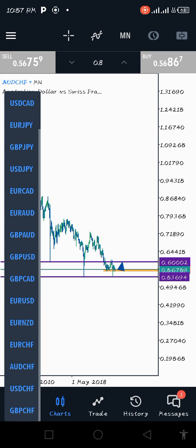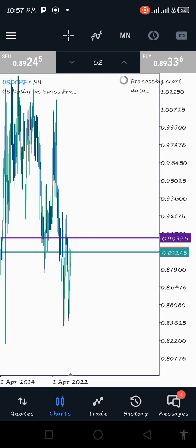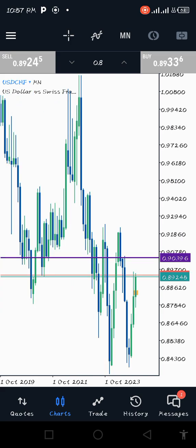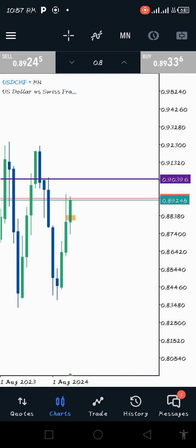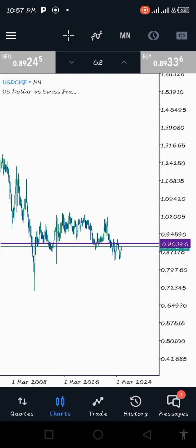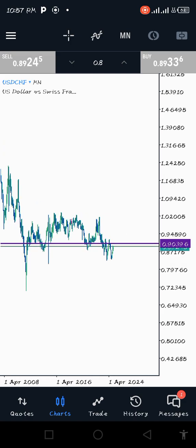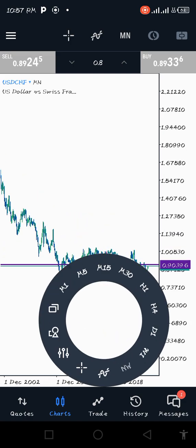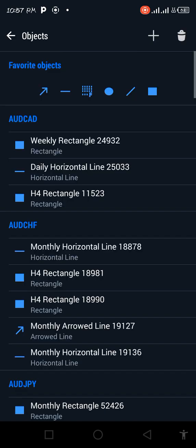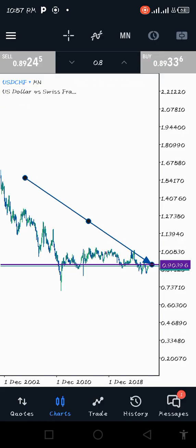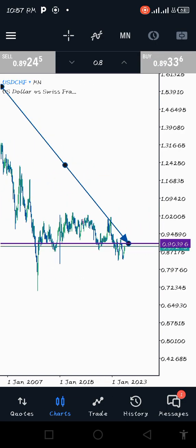So considering USD CHF and charting it from the monthly time frame, the pair is generally on a downtrend. That is judging it from the higher time frame.